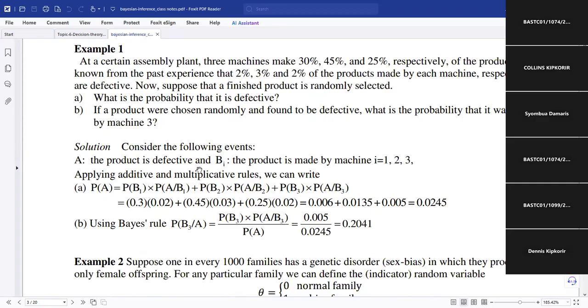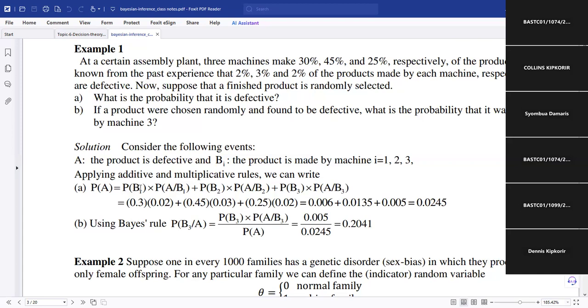So first we need to look at these statements. A: the product is defective, and Bi: the product is made by machine 1, 2, or 3. So we apply the additive and multiplicative rules so that the probability of A equals the probability of B1 multiplied by the probability of A given B1, plus the probability of B2 multiplied by the probability of A given B2, plus the probability of B3 multiplied by the probability of A given B3.